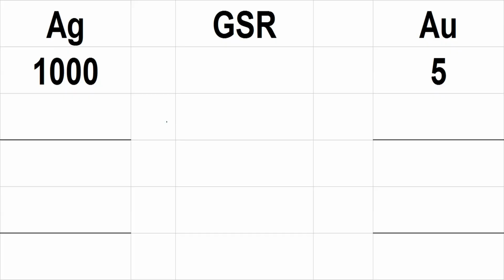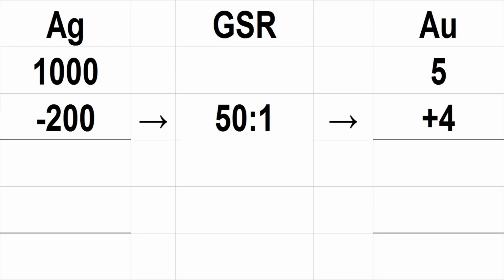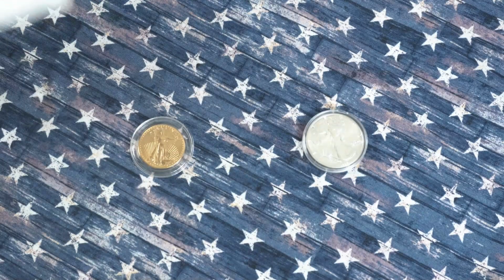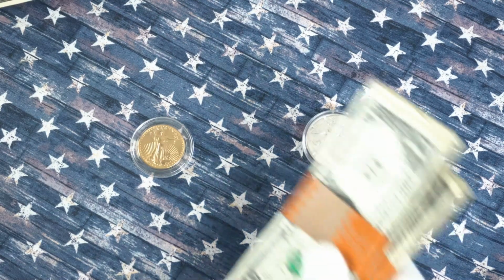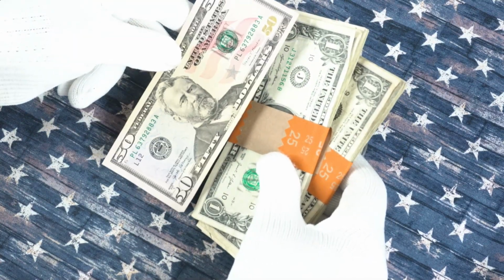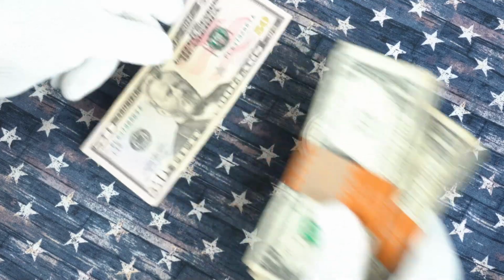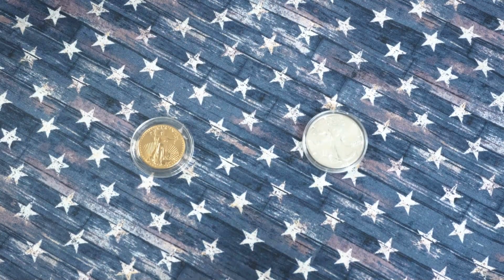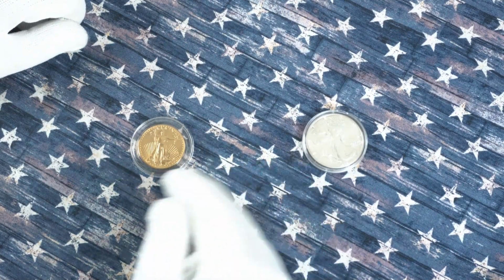At a 50:1 GSR, you would take 200 ounces of silver and trade it for 4 ounces of gold. You now have 800 ounces of silver and 9 ounces of gold. This is analogous to taking 50 $1 bills into the bank and exchanging them for one $50 bill. You haven't lost anything, you've just shifted part of your stack from silver to gold.